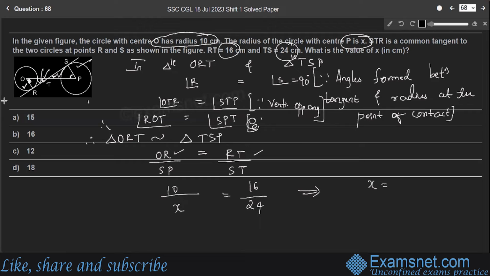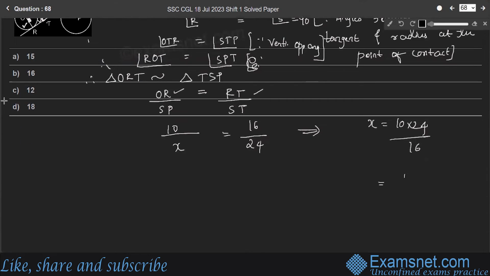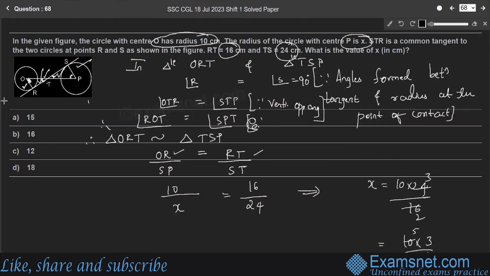Therefore, x is equal to 10 into 24 by 16. Simplify it: 8 into 2, 8 into 3, so 10 into 3 by 2, which is nothing but 15. So x is equal to 15 centimeters, the radius of the second circle. Option A is the right answer.